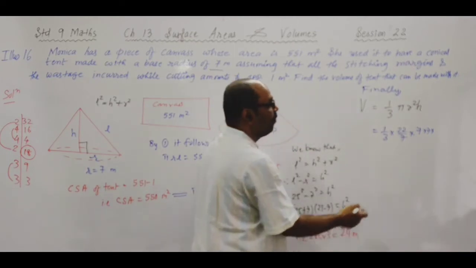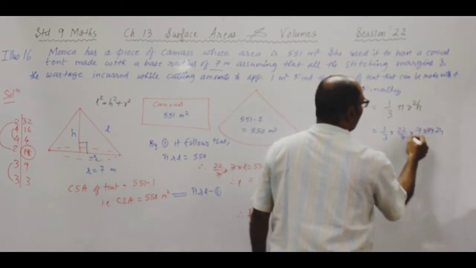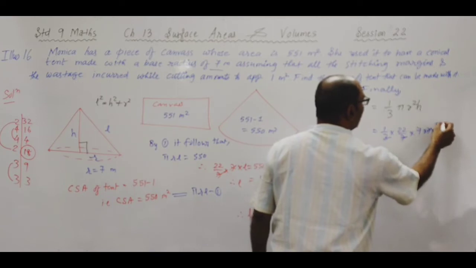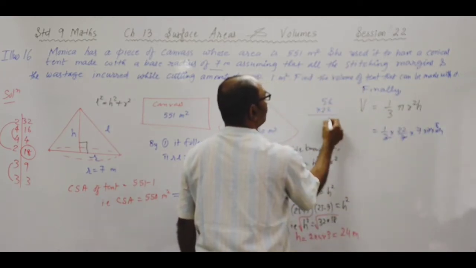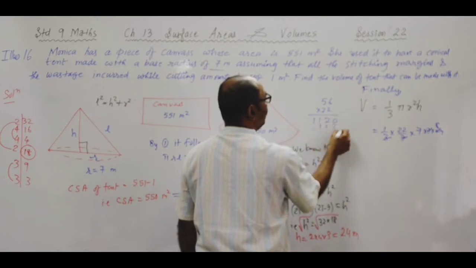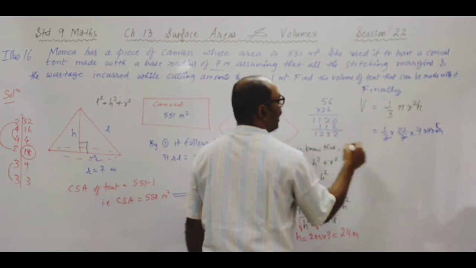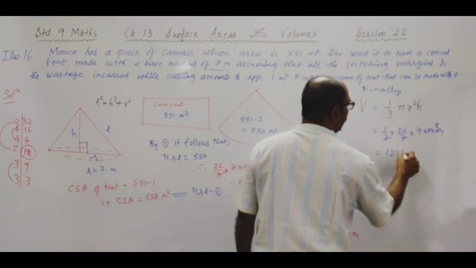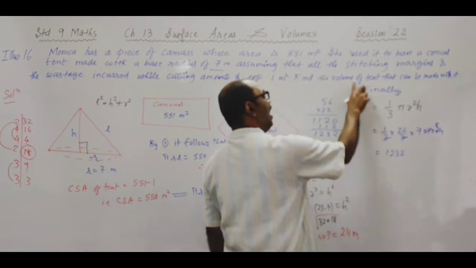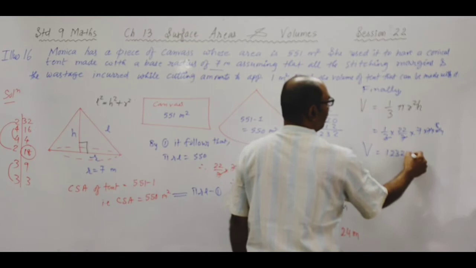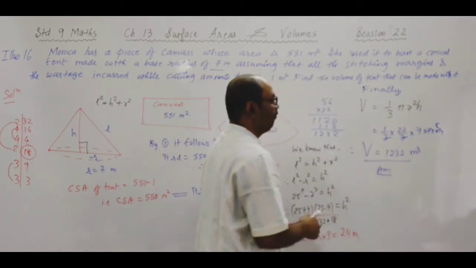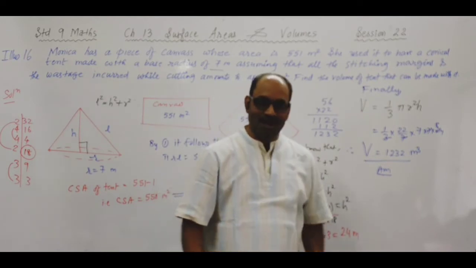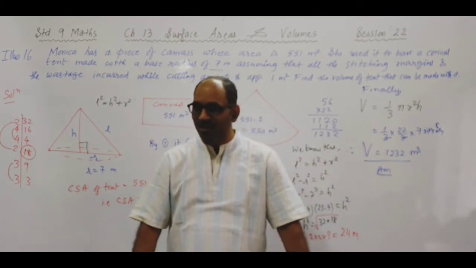Yes, we got 24. 7 7s, 3 1s are 3, 8s are 8, 7s are 56, multiplied by 2. Therefore, ये क्या है? Volume. And then it will be meter cube. So that's the answer. Volume of the cone would be 1232 meter cube.